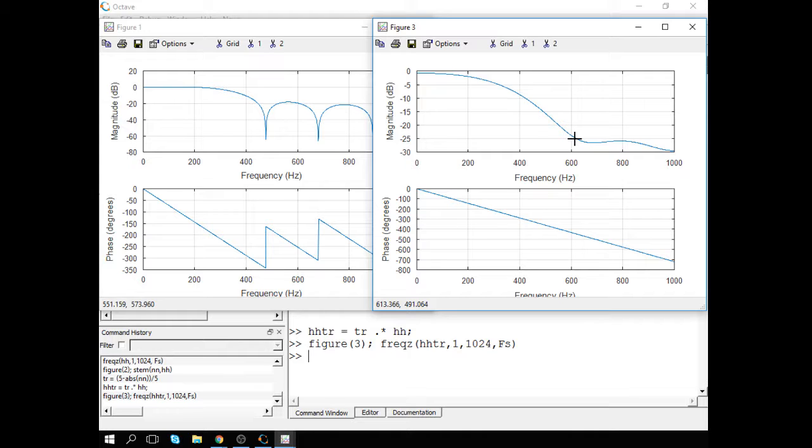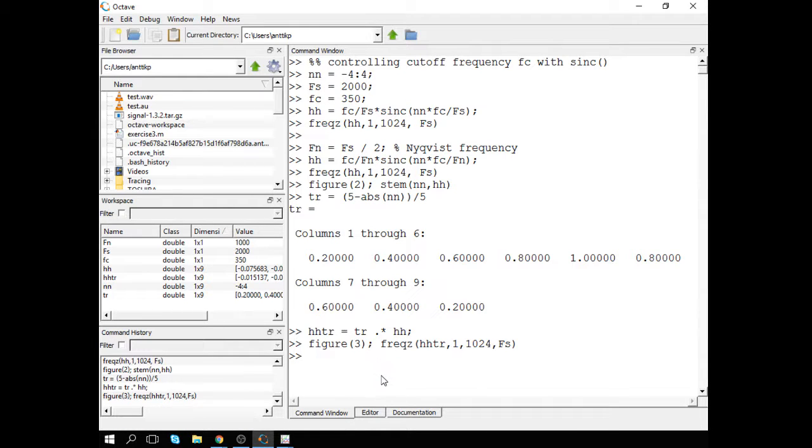At the same time, we also have to change the window width. Okay, so let's try that one. Why am I doing it? I just decided my target for transition bandwidth is 50 Hertz, meaning that we need to go from -20 to 20.